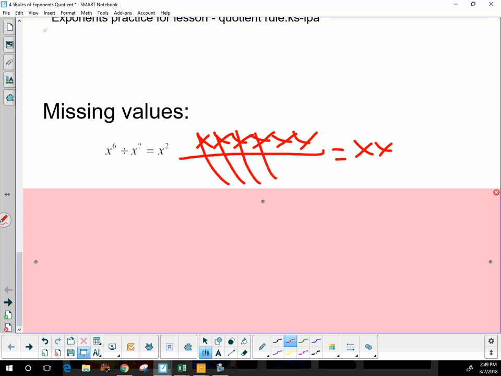I would have to do something like that, right? So obviously I need to cancel 4 x's. So it should be x to the 4th on the bottom, but even easier than that, we'll go back to our rules and say you have to subtract your exponents, so 6 minus what equals 2. Your missing value is 4, so it really is quite simple.